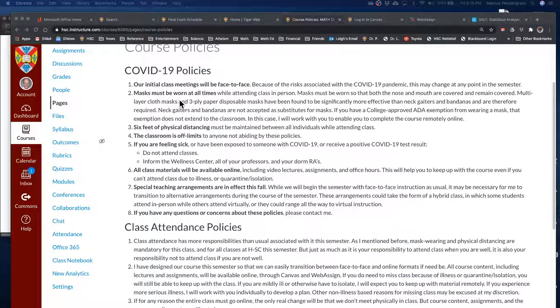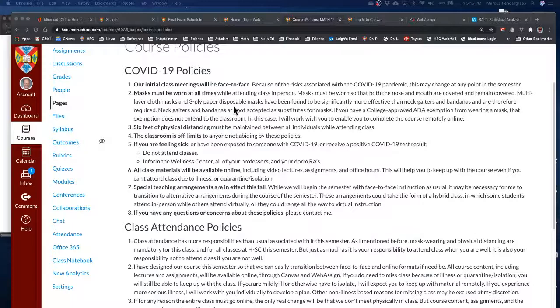In terms of the masks, not all masks are created equal. We're obviously not going to be wearing medical grade N95 masks. But what we do require, and this again is college wide, is either cloth masks or 3-ply paper disposable masks. Those are very effective in terms of preventing the spread of not only COVID 19 but the flu and other things. But COVID 19 is obviously the main concern here. Other kinds of face coverings are really not acceptable.